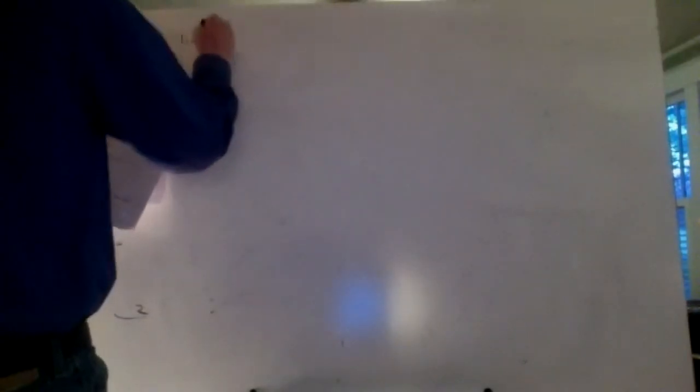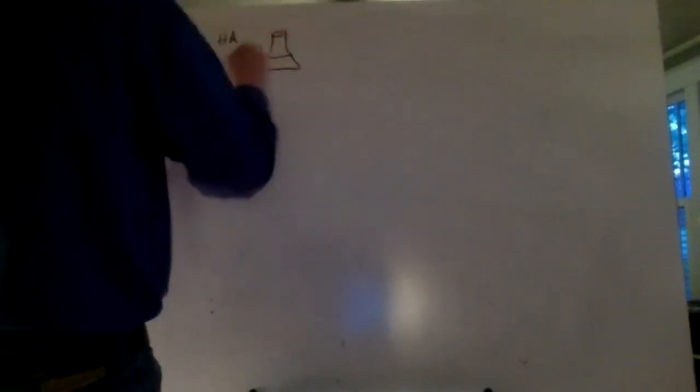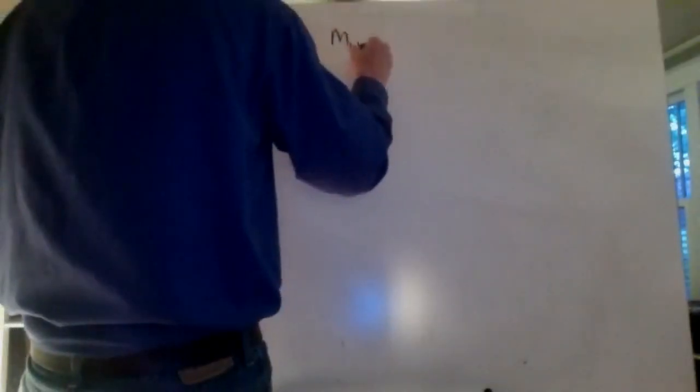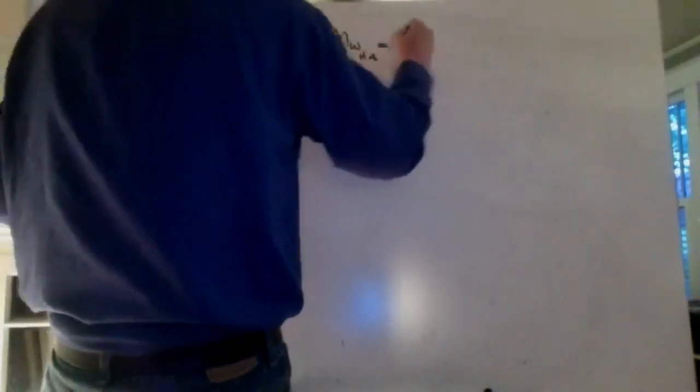We have 1 gram of some monoprotic acid that's dissolved in water. So that is our aqueous solution of this 1 gram of acid. And what we want to know is what is the molar weight of that acid? And that's the objective. So what we do is a titration.